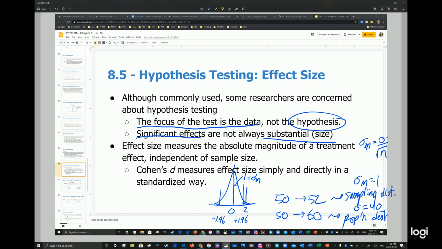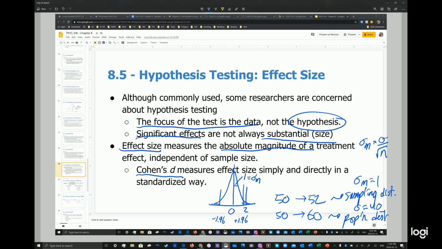It is always good practice to determine the effect size that measures the absolute magnitude of a treatment effect. That is, how large is the difference really? One technique we use to measure effect size is called Cohen's d.